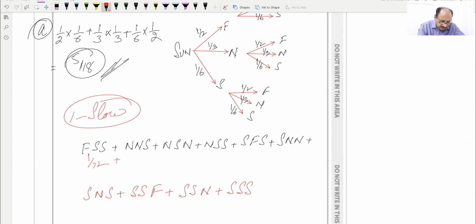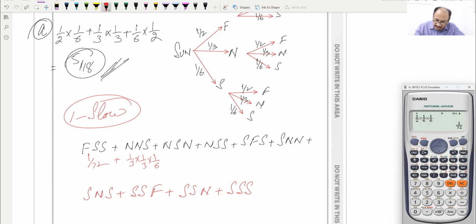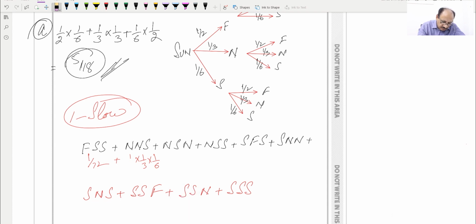Now next we will write no change 1 by 3 into 1 by 3 into slow, which is 1 by 6. So this will be, we can check this one, 9 into 6 is 54, so 1 over 54. So we can write 1 over 54.